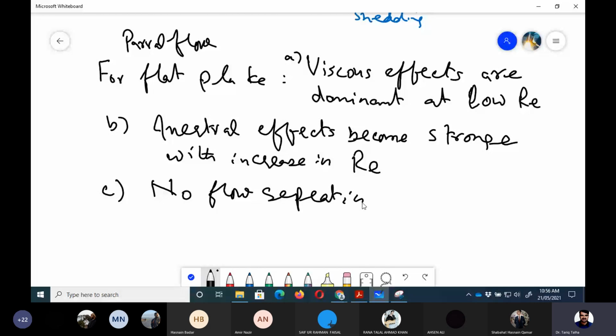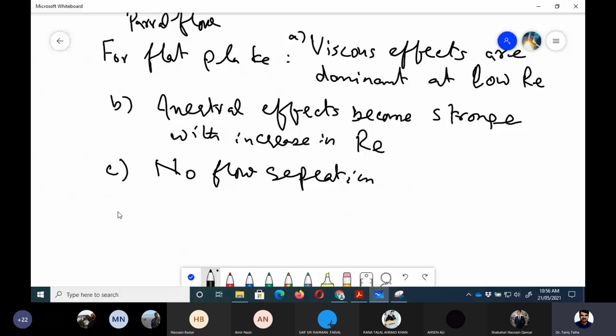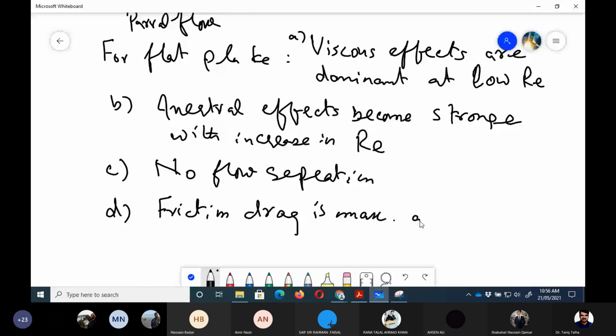Then the consequence of that is that friction drag is maximum and pressure drag is minimum. Right.